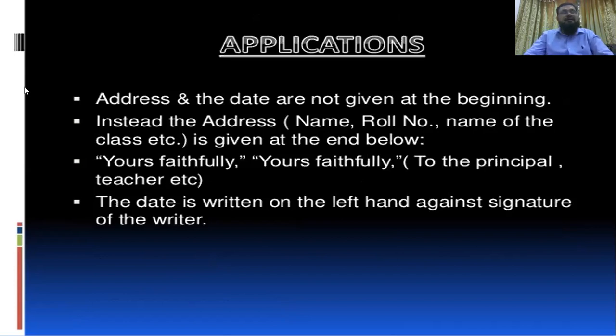So there is a little difference between a letter and an application, although we consider the application also a type of letter. But the difference is the address and date are not written at the top or at the beginning. Instead, the address, name, roll number, name of the class, etc., are given at the end or below.